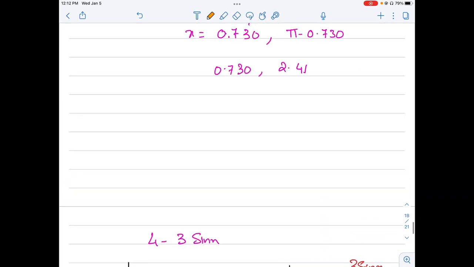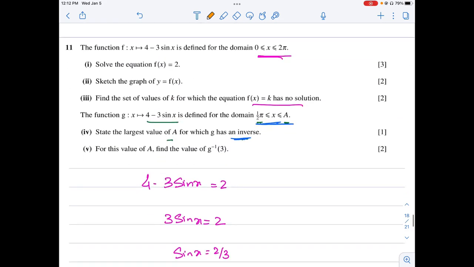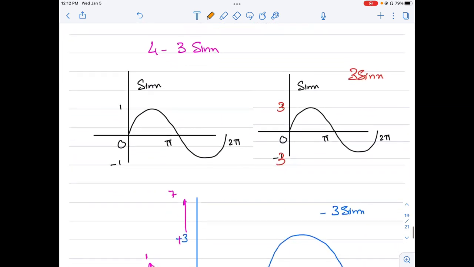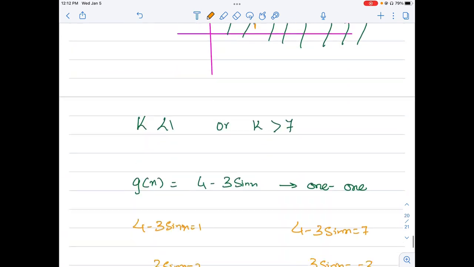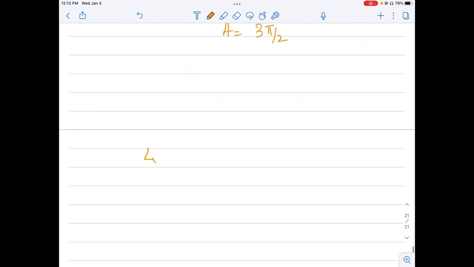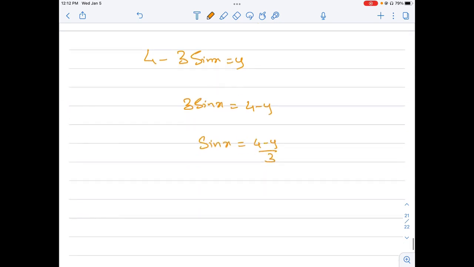And finally, the last part. For this value of a, find g inverse of 3. So 4 minus 3 sin x is equal to y. 3 sin x is equal to 4 minus y. Sin x is equal to 4 minus y upon 3. x is equal to sine inverse of 4 minus y upon 3.